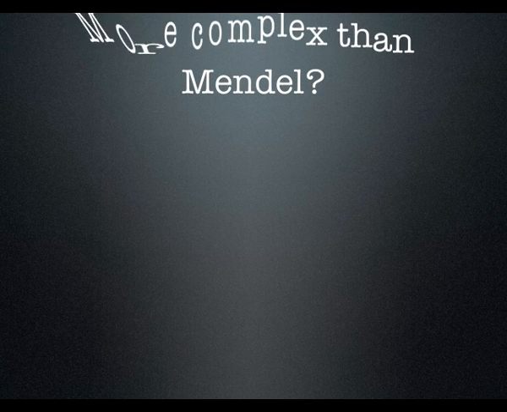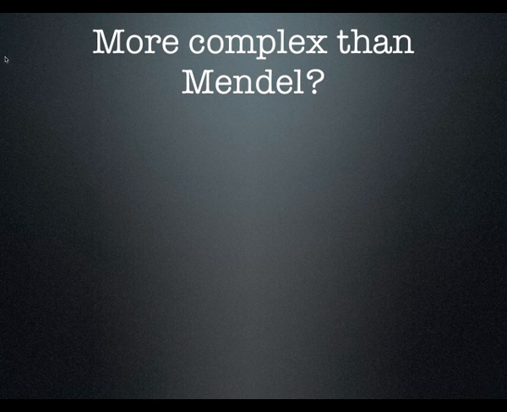What else do I need to tell you here? We looked at several inheritance patterns that are more complex than just basic Mendelian inheritance. Basic Mendelian principles like basic Punnett squares do describe how most genetics work. 90% of the genes in humans are going to be just basic Mendelian genes, but there are some non-Mendelian inheritance patterns that you're also going to need to know about.